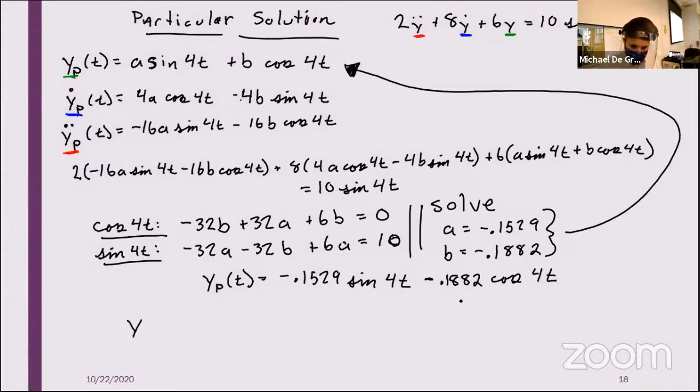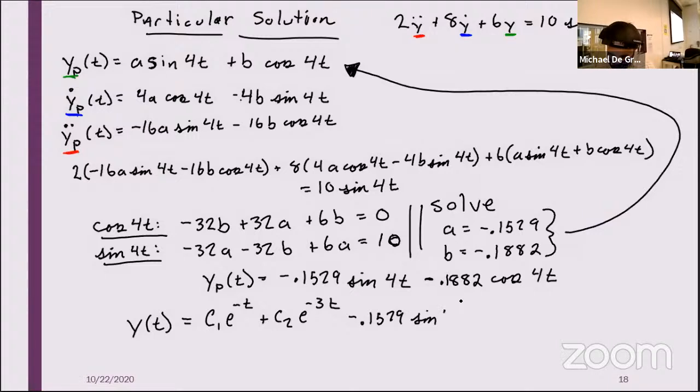So my total solution, y of t, is equal to my homogeneous solution, which was C1 e to the negative t plus C2 e to the negative 3t, minus 0.1529 sine 4t minus 0.1882 cosine of 4t.